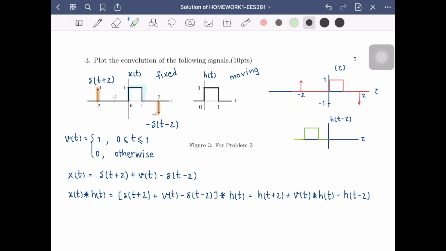Then what we need now is v(t) convolved with h(t). Now let's say this one is v(tau) and the green one is h of t minus tau. Then from this 0 and 1, we now get t minus 1 and t.